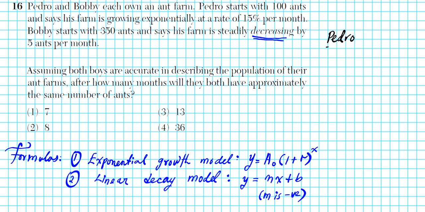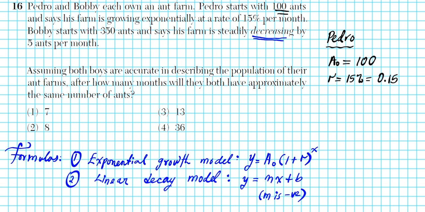He started with an initial amount of 100 ants. He has an exponential growth rate, r, of 15%. Of course, we want to convert this to decimal form, which is 0.15. This is accomplished by moving the decimal point to the left 2 places.